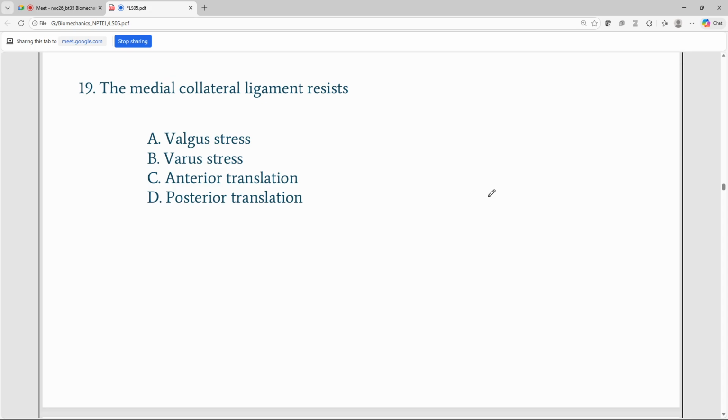The medial collateral ligament resists which of the following stresses? Option A, valgus. Option B, varus. Option C, anterior translation. Option D, posterior translation. Our answer is option A, valgus stress.